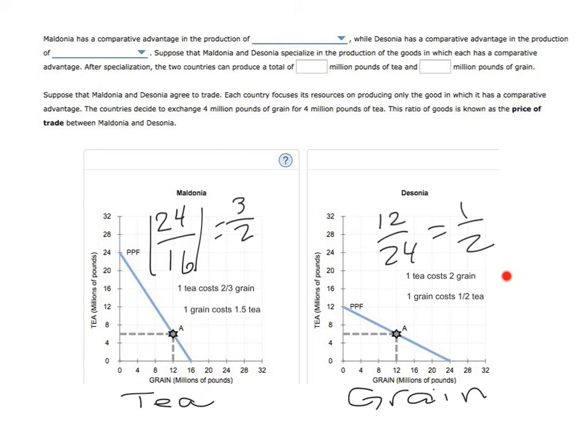So a tea costs 2 grain, or upside down, a grain costs 1/2 of a tea. Maldonia gives up 2/3 of a grain whenever they produce tea. Dazonia gives up 2 grains whenever they produce tea. So Maldonia has a comparative advantage in tea. Maldonia's grain costs 1.5 tea. Grain over in Dazonia only costs 1/2 a tea. So they have a comparative advantage down here in grain.